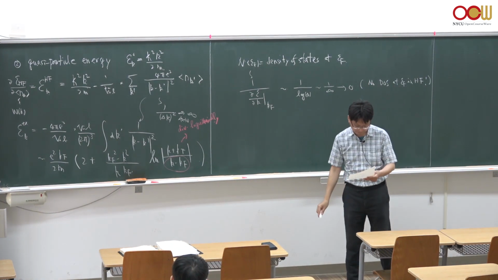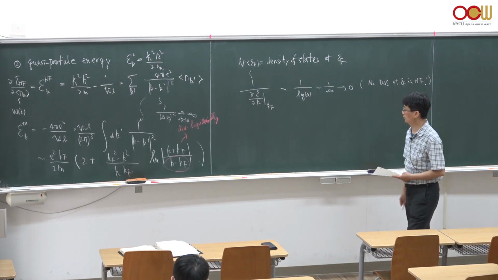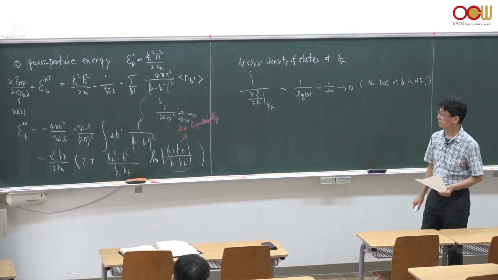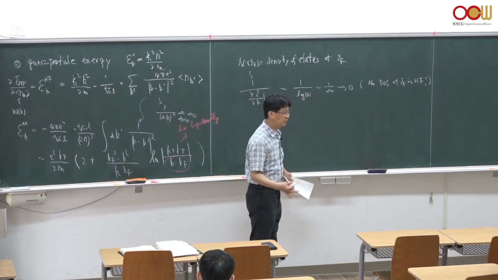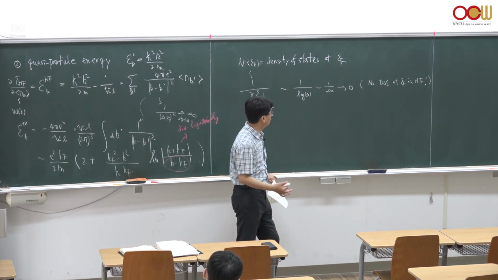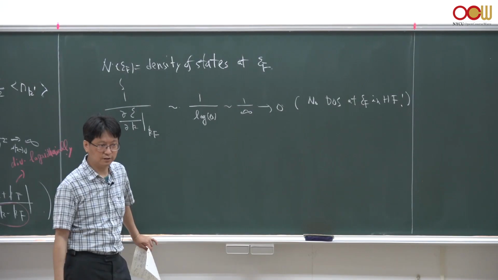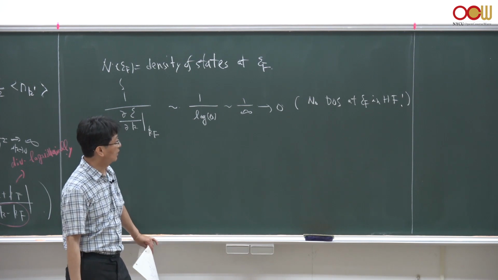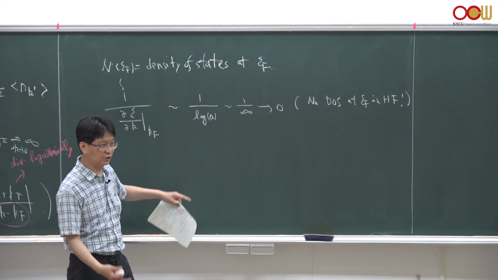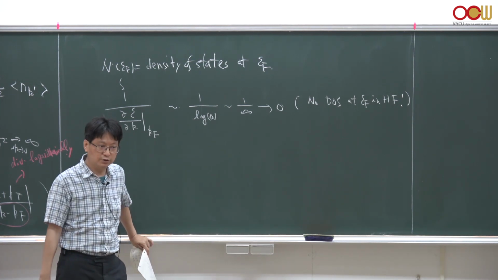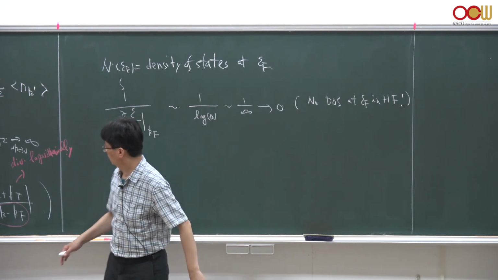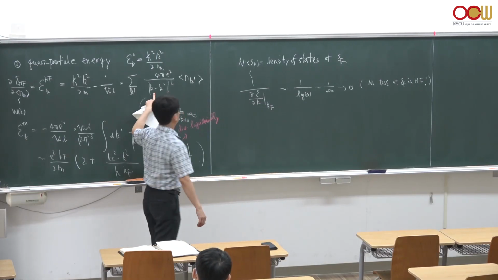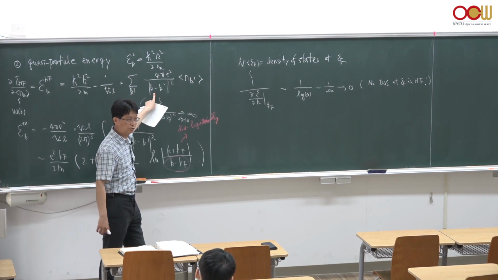Okay, so how could that be? Of course, it is not reasonable, because we know that the electron density of states for ordinary metals near the Fermi surface is finite. It does not diverge. But the Hartree-Fock theory predicts the divergence, and you know where this divergence comes from. This divergence precisely comes from the long-range tail of the Coulomb potential.